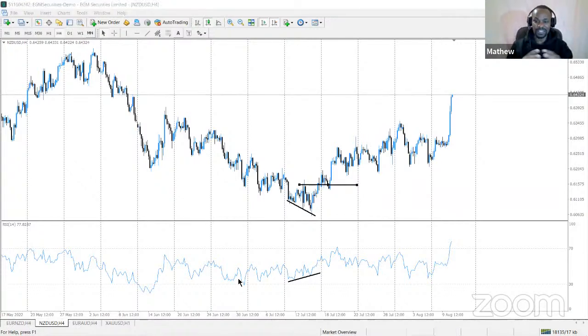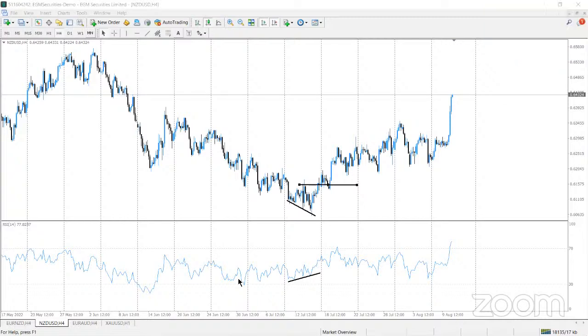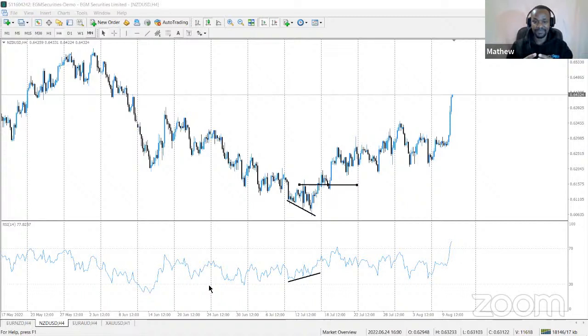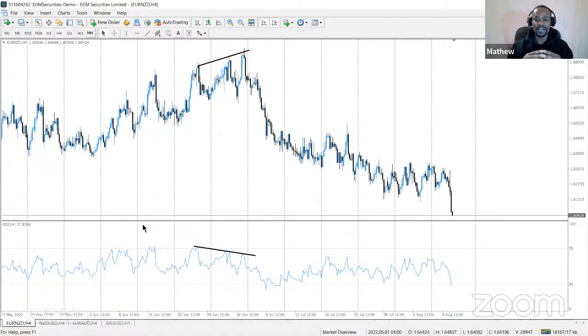No, a bullish divergence will happen in a bearish market structure, right? Exactly. So it's just giving you a signal for a bullish move.